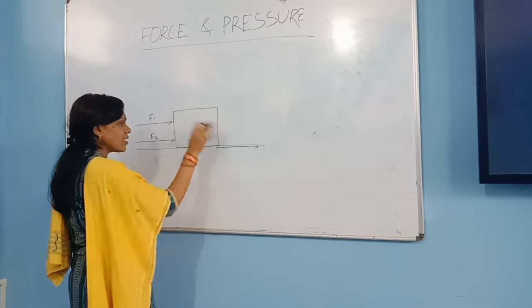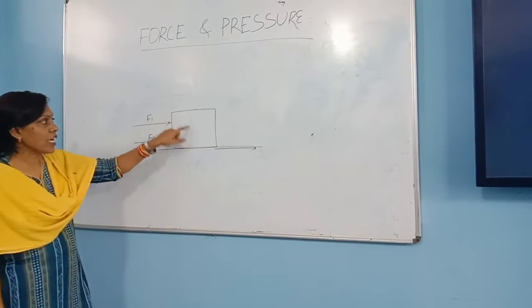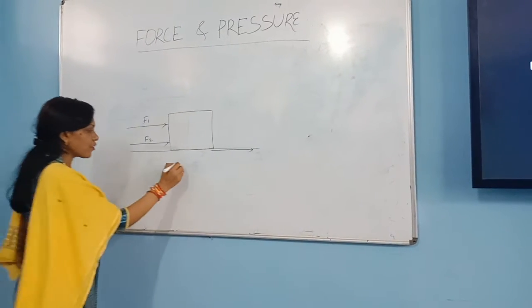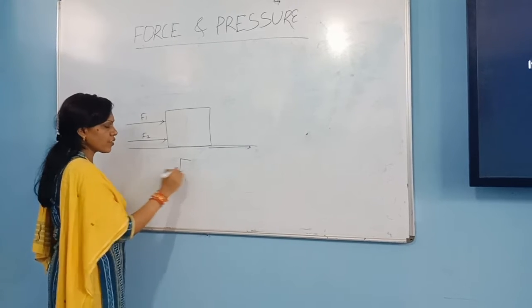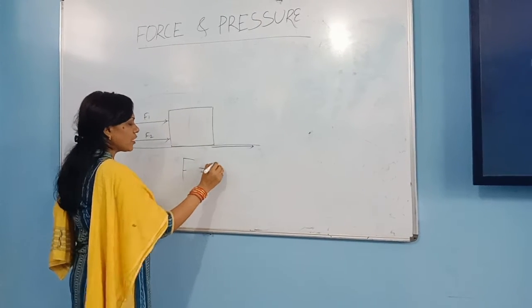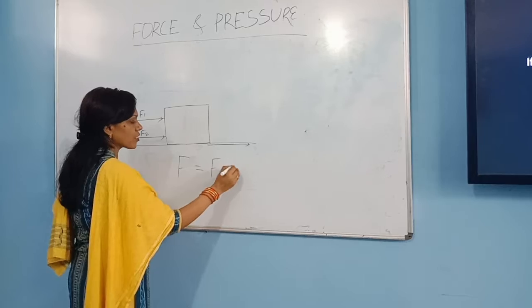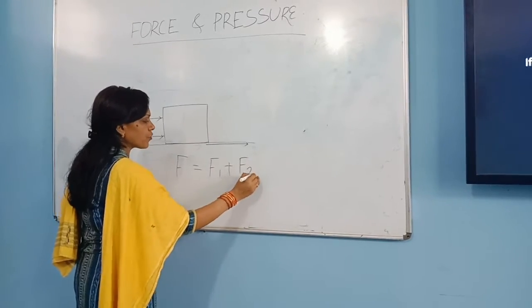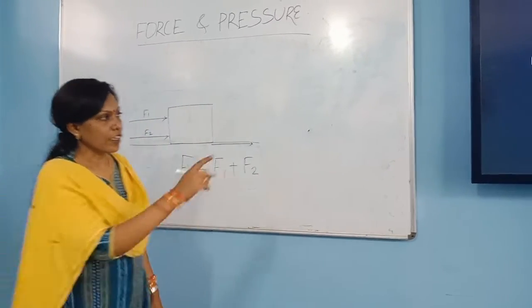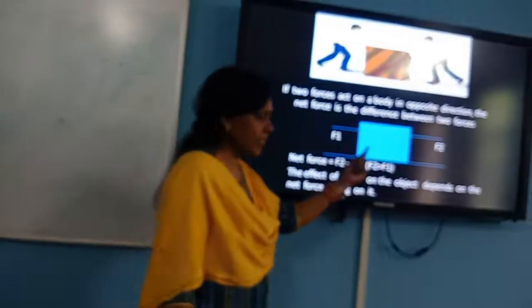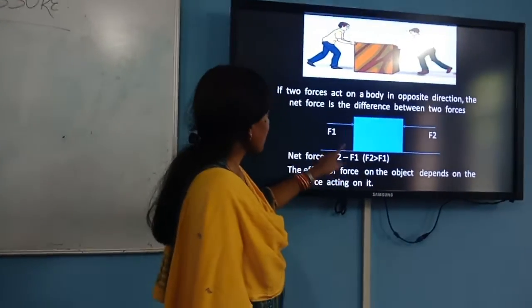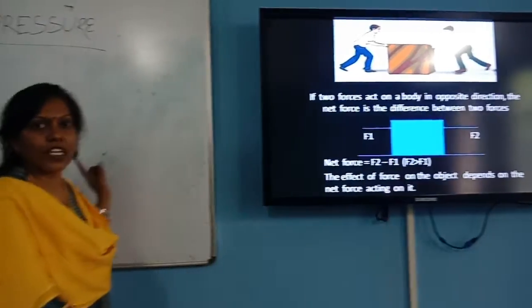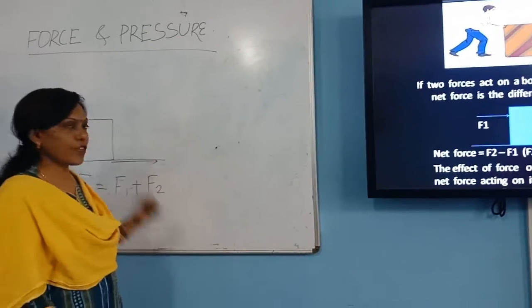So what is the resultant force? What is the net force acting on this box? We denote the net force as F. So here F, the net force, is the sum of the two forces, F1 and F2.